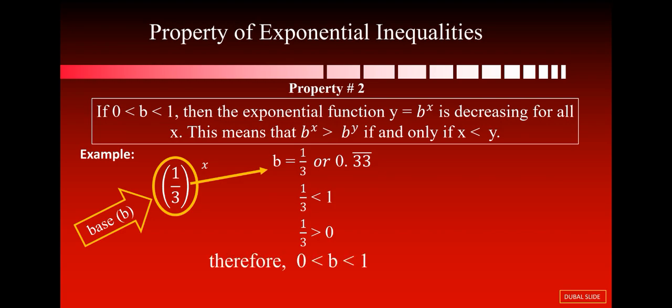Therefore, b, which is equal to 1/3, is greater than 0 but less than 1. In this case, the direction of our inequality will be reversed. So that's all about the property of exponential inequalities. Now let's proceed with the examples.